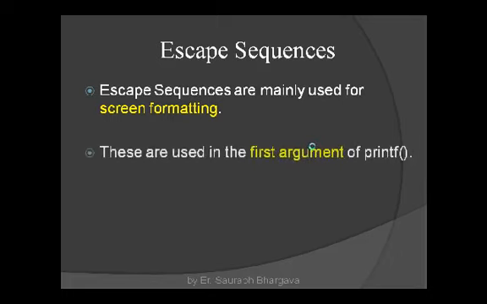So these are used in the first argument of printf. The printf statement is used to print the output, and the first argument of printf consists of format specifiers, and the other argument consists of the variables whose value is printed.